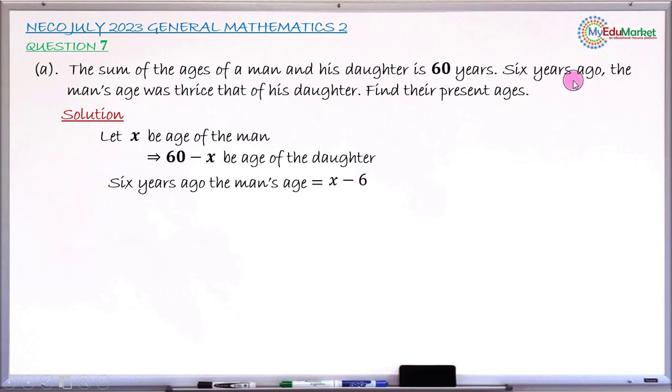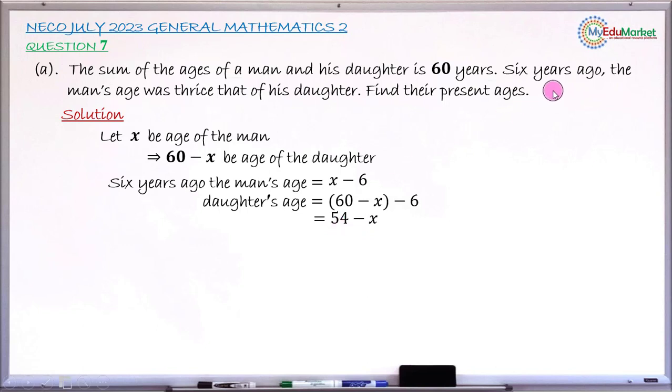Let me do the same to find the age of the daughter 6 years ago. The daughter is presently 60 minus X, so her age 6 years ago is her present age, 60 minus X, minus 6. Simplifying this gives 54 minus X. This is her age 6 years ago.